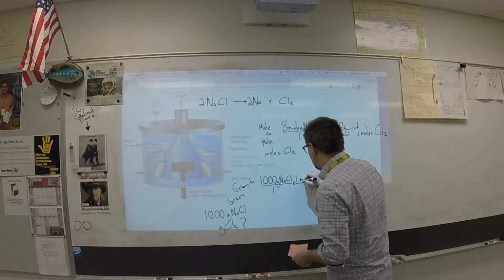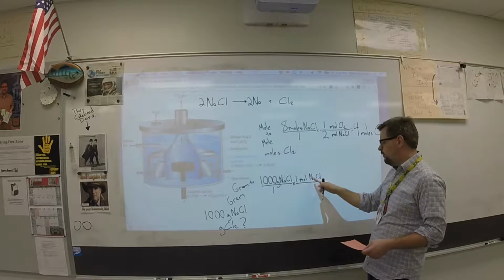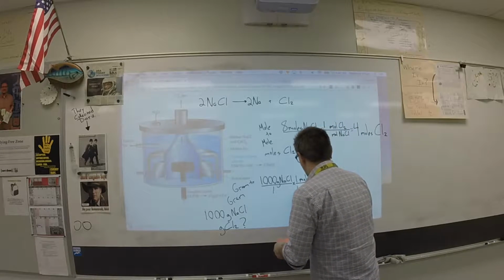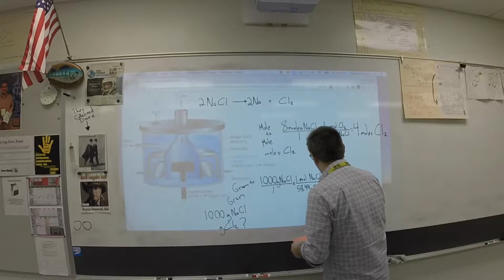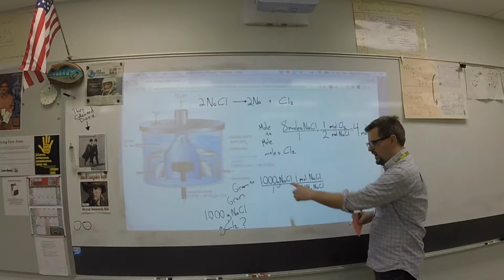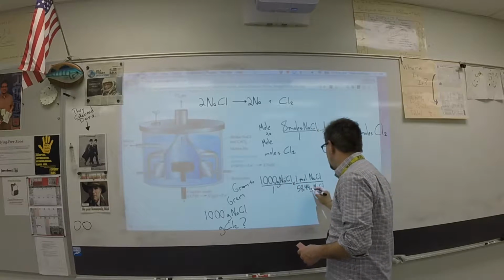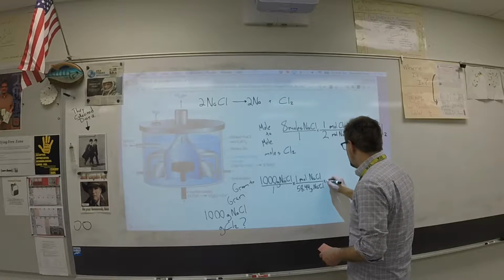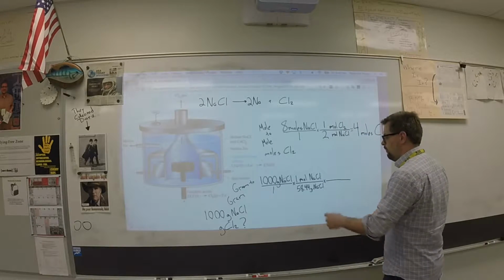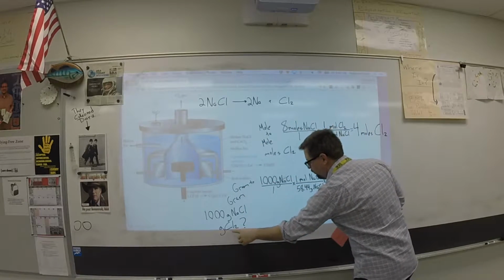To do that, you divide by the formula mass. So 1 mole of sodium chloride is 58.44 grams of sodium chloride. Basically, we're dividing by the formula mass. Grams of sodium chloride cancel out, and we're left with moles. In our next step, we're going to go from moles of one substance to moles of the other substance, the chlorine.